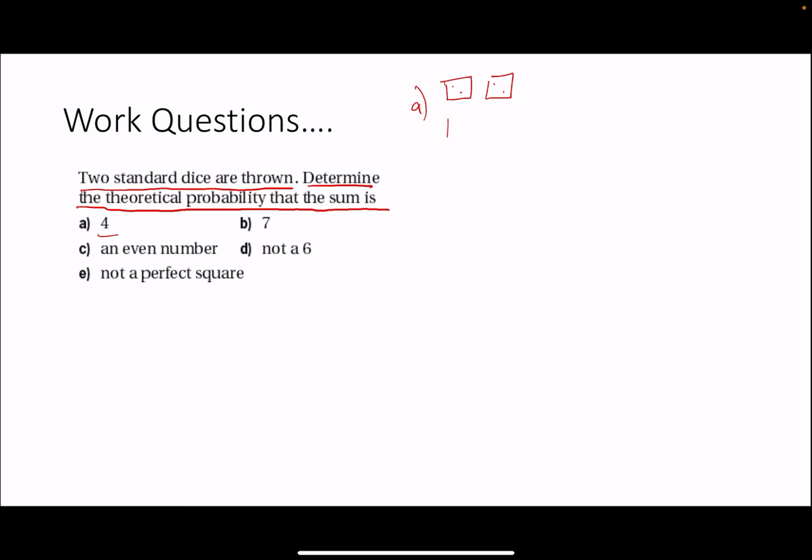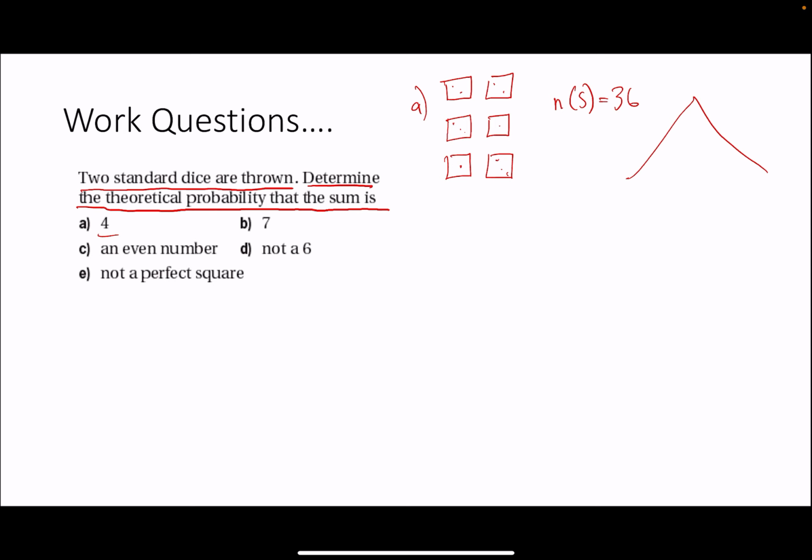It can be 3, 1. Or it can be 1, 3. And if I remember correctly, N of S in this situation, if you look back, was 36, right? So it was basically that bar graph that went up like that, like a pyramid.